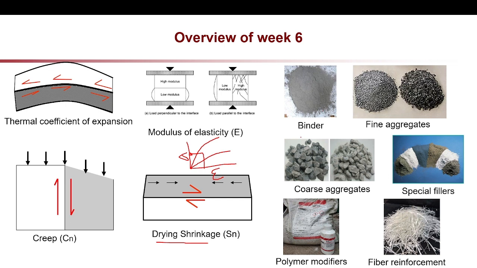These are the basic materials we use for concreting as well as for repair material. Along with these, we use some special fillers like fly ash, silica fume, or microsilica.